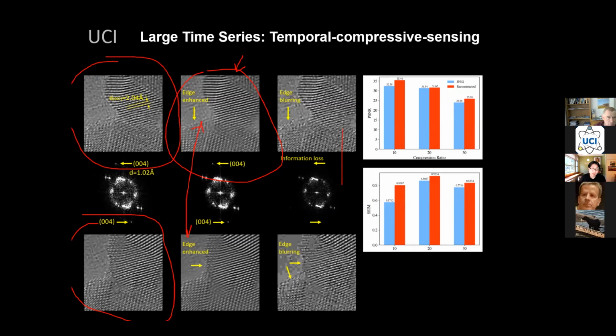And just to compare with JPEG that has the same compression ratio, you can see JPEG has all of these artifacts, obviously. And statistics-wise, our method has a better signal-to-noise ratio and a higher structural similarity index. All right.